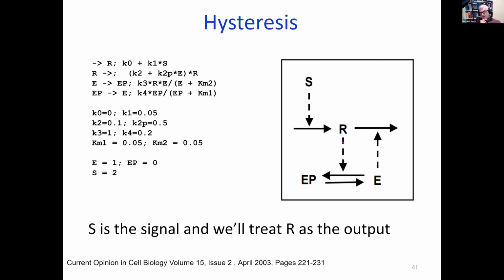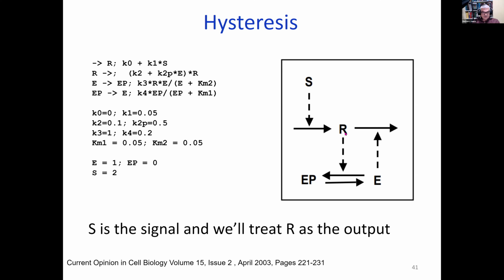However, increases in R will also cause phosphorylation of E to EP, and that reduces E. Since it reduces E, the rate here actually goes down. And if the rate goes down, that means R is consumed at a smaller rate.